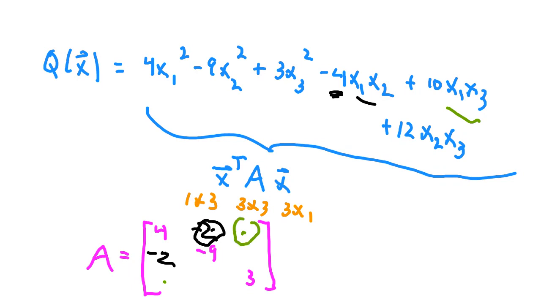What numbers are going to go here? You have to look at the 10 and do what with the 10? Take the 10 and divide it by 2. That's right. So you have a 5 and a 5.